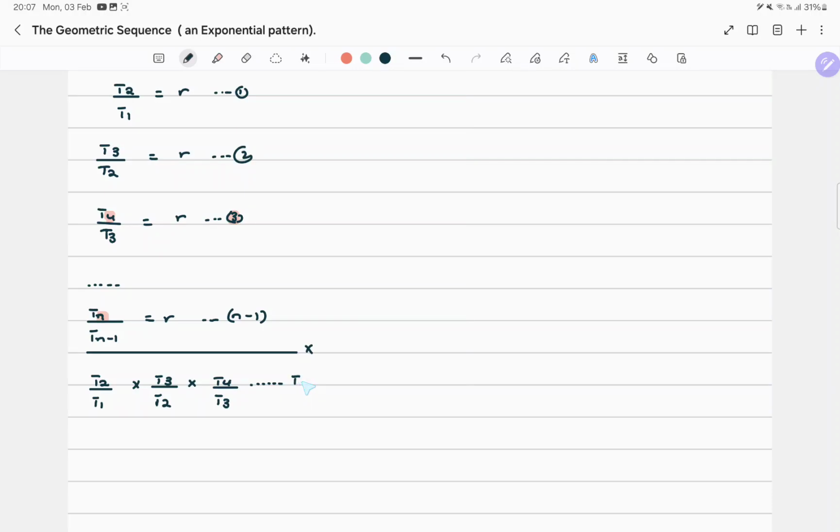That's what we mean by this. Then this is going to be Tn over Tn minus 1. This is equal to, now as many r's as we have multiply each other, so this is going to be r to the n minus 1, isn't it? Because we saw this above.